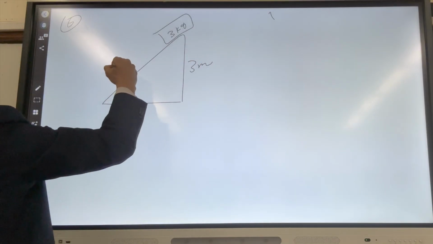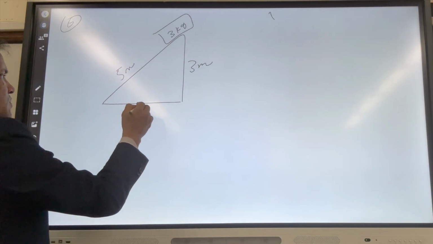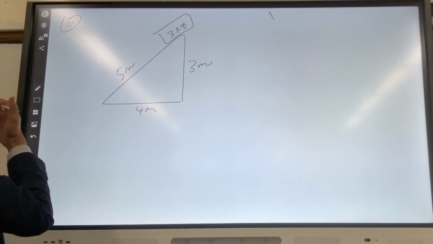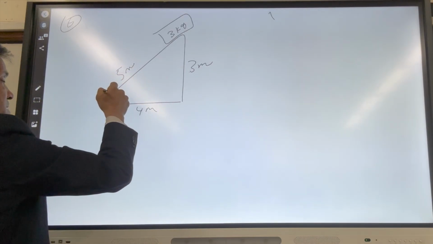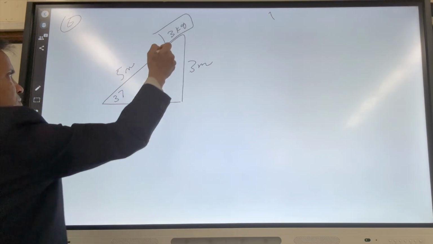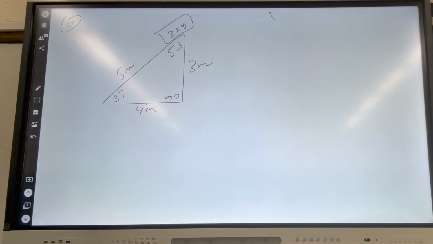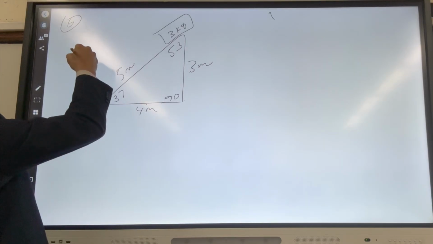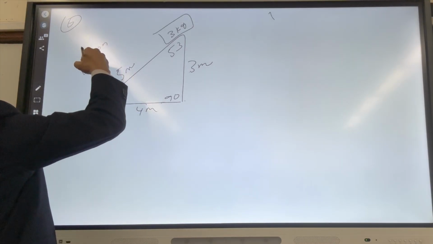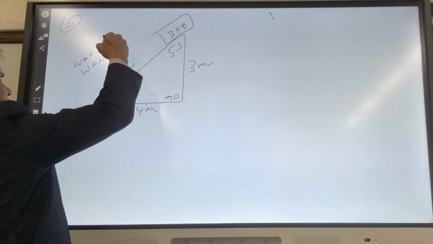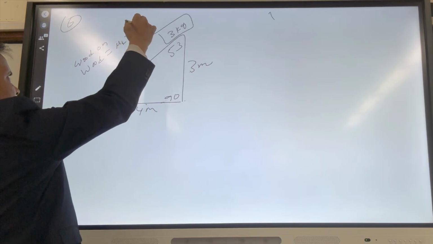The x-axis is 4 meter. This triangle is 3, 4, 5. This angle must be smaller, and this one must be bigger. This one is by default 90 because it is a right angle. This is wood on wood, and by definition mu k is 0.3.